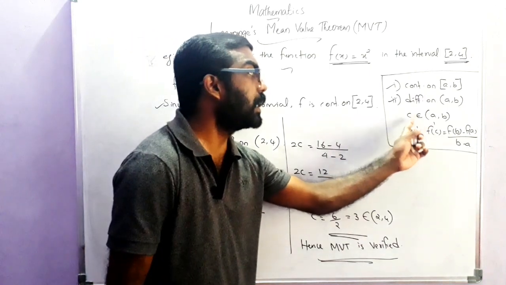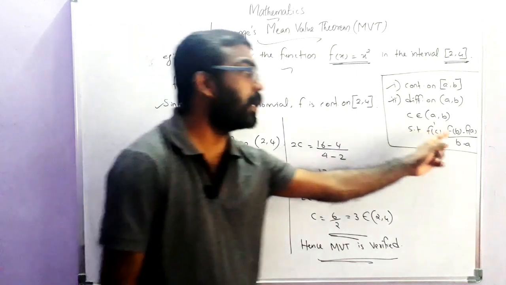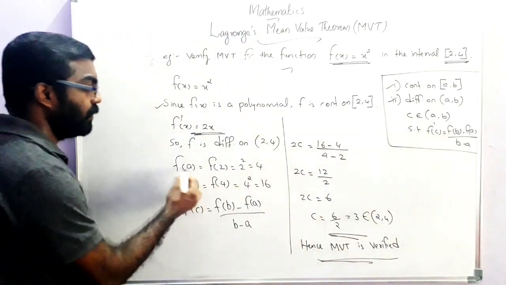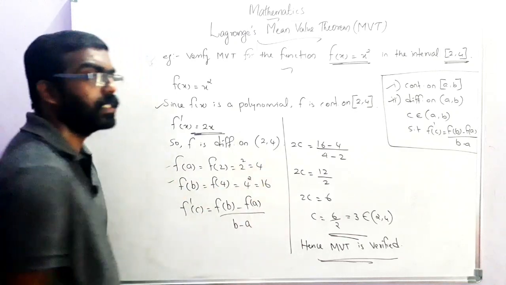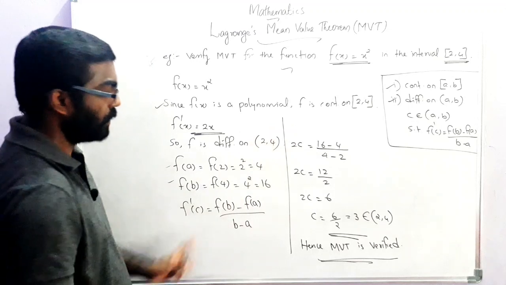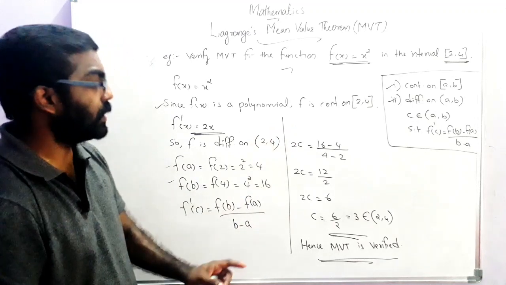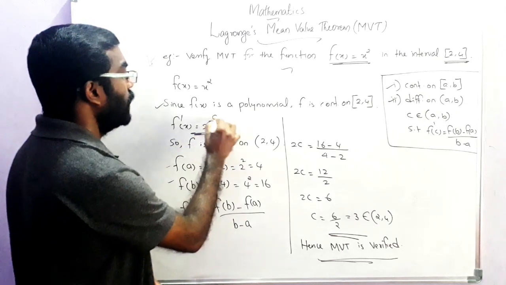That means there exists some c belonging to (a, b) such that f dash of c equals f(b) minus f(a) divided by b minus a. For that, first we find f(a) and f(b). f(a) is equal to 4 and f(b) is equal to 16, and we replace in the formula f dash of c equal to f(b) minus f(a) divided by b minus a. f dash of x is 2x, so instead of x we can write c.